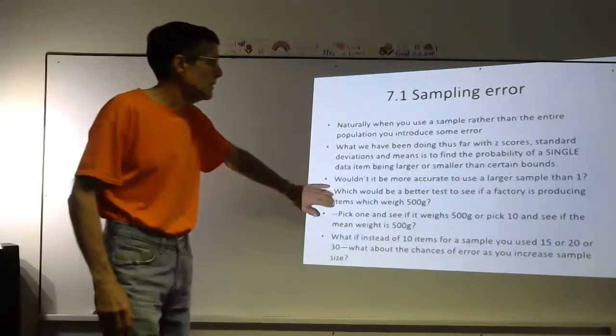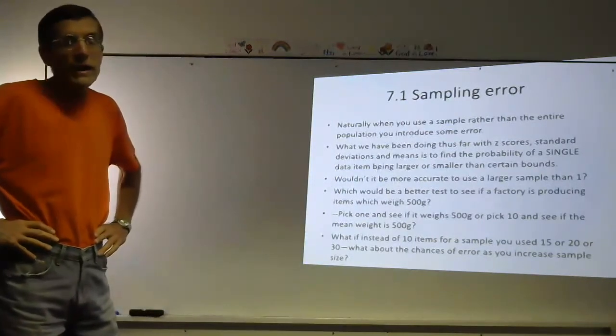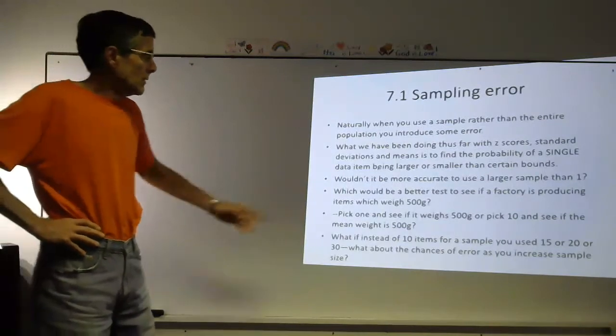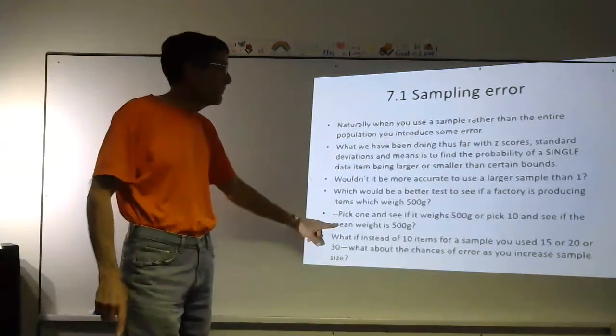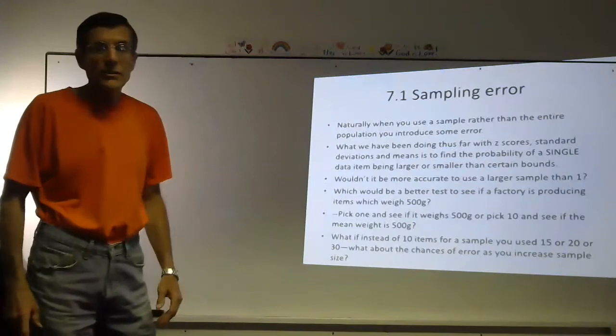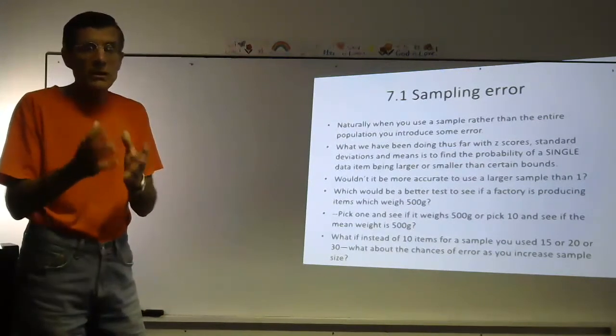For instance, if you're doing a test to see if a factory is truly producing items that weigh 500 grams, which makes more sense: to just arbitrarily pick one item and see if it weighs 500 grams, or to pick 10 items and see if the mean or the average of all 10 would be at 500?